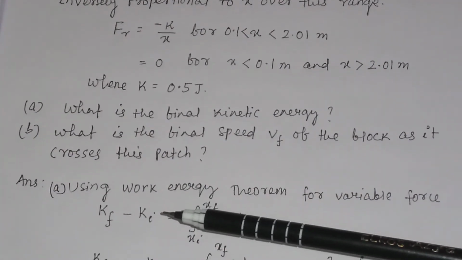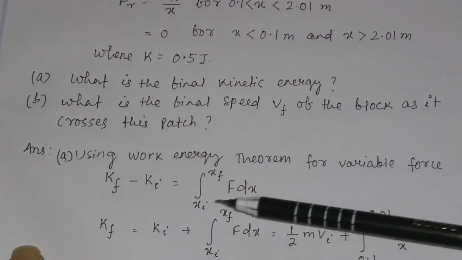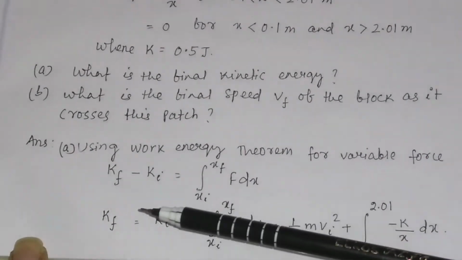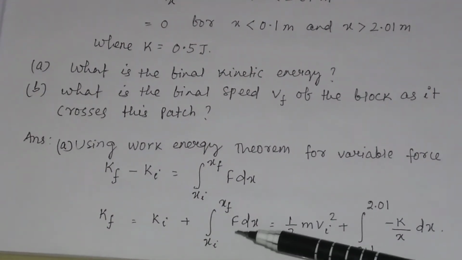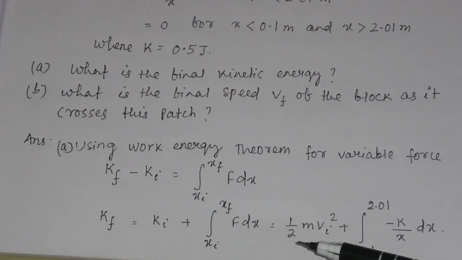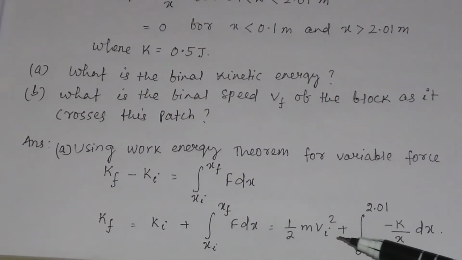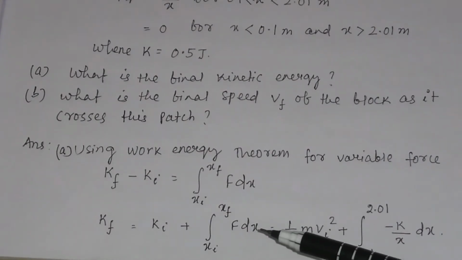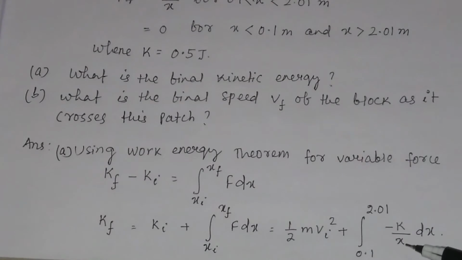Using the work energy theorem for a variable force, we have Kf minus Ki equal to the integration from xi to xf of f dx. So the final kinetic energy Kf will be equal to Ki plus the integration of f dx from xi to xf, and Ki is half m vi square, plus the integration of f dx. It is given that f is equal to minus k by x.